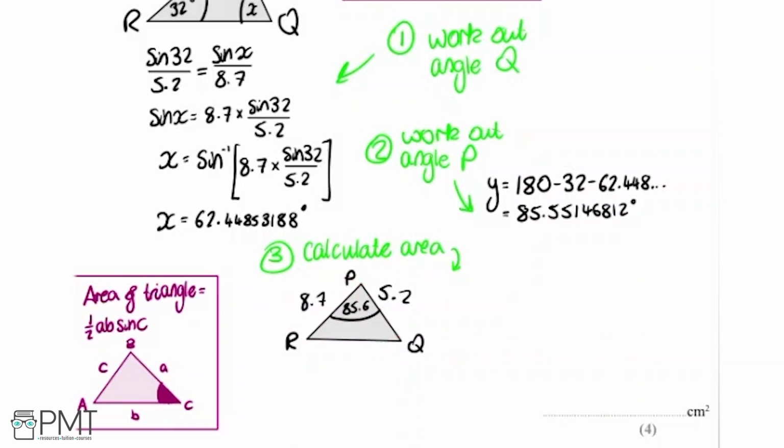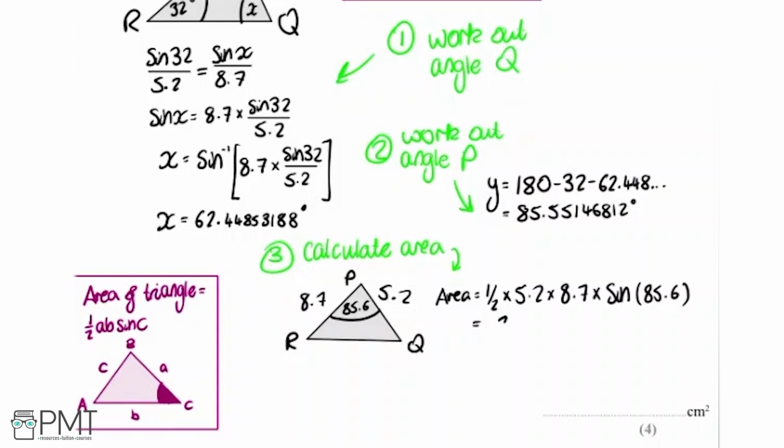So the area is going to be half multiplied by these sides, so 5.2 multiplied by 8.7 and multiplied by sine of this angle. And I'm going to use the full number when I put it in the calculator, just to make it as accurate as possible. But just for writing, I'm going to do 85.6 here.